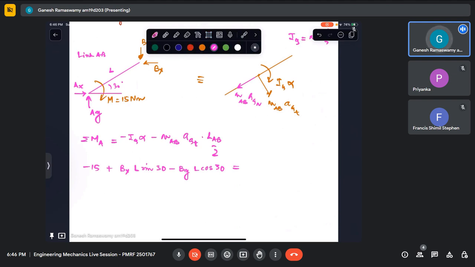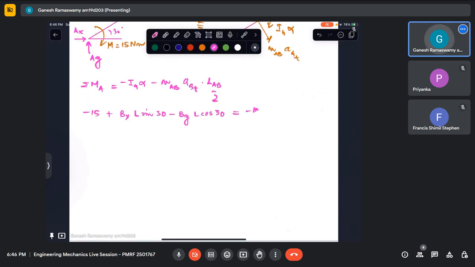Let me expand that also. It will be minus m_AB k_G squared alpha minus m_AB a_G tangential L_AB by 2. Now since we have been given that the link is actually massless, these components go to 0.